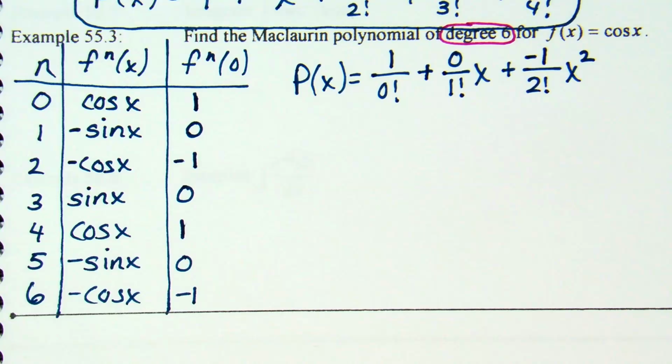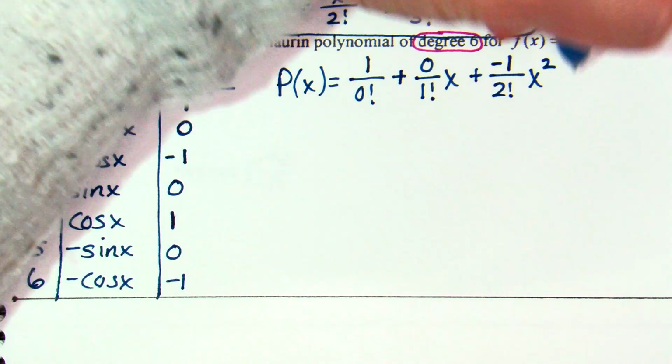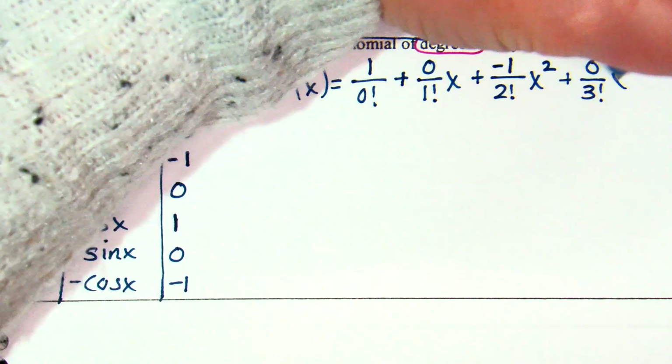Okay. The 3's, the third derivative: 0 over 3 factorial x to the third. Plus the fourth derivative was 1 over 4 factorial x to the fourth.